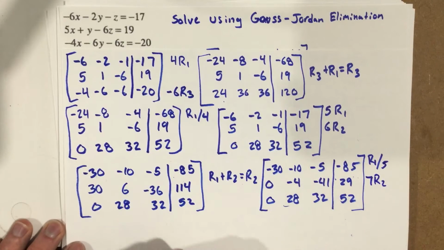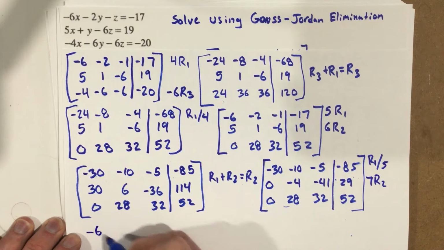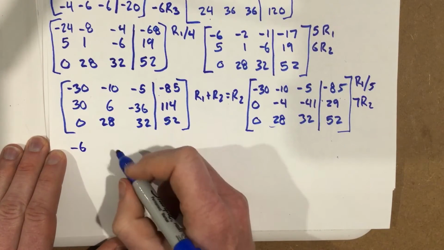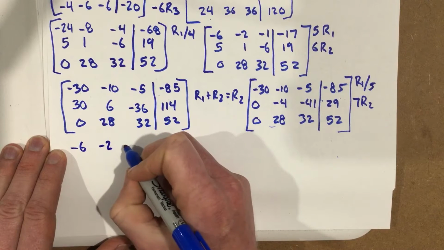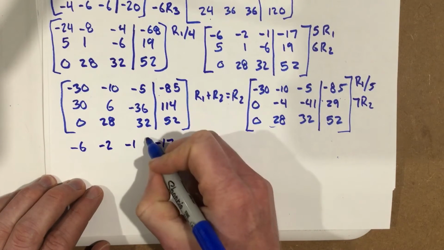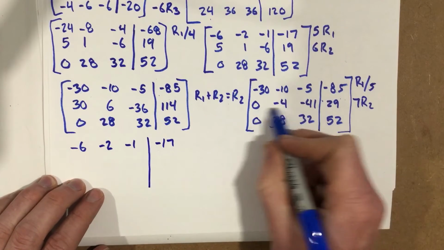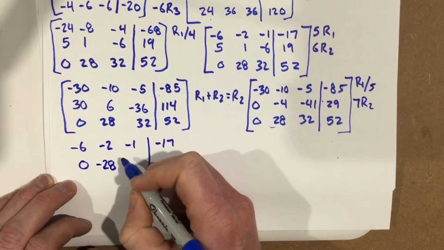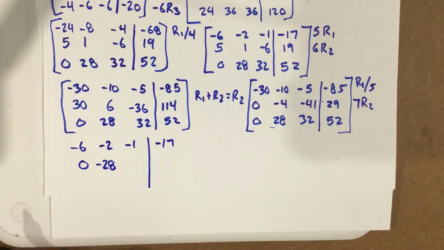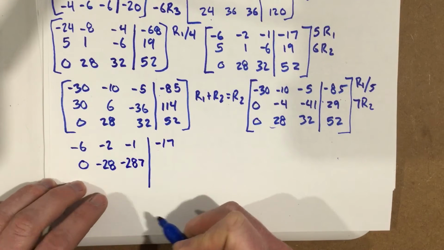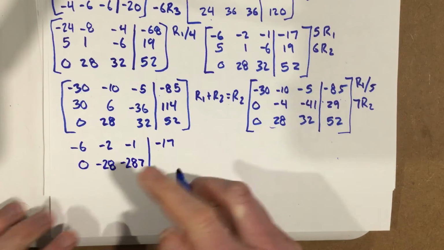So the top row is going to be negative 6, negative 2, negative 1, and negative 85 divided by 5 is negative 17. 7 times the middle term is 0, negative 28. 7 times negative 41, negative 287. 7 times 29, 203.